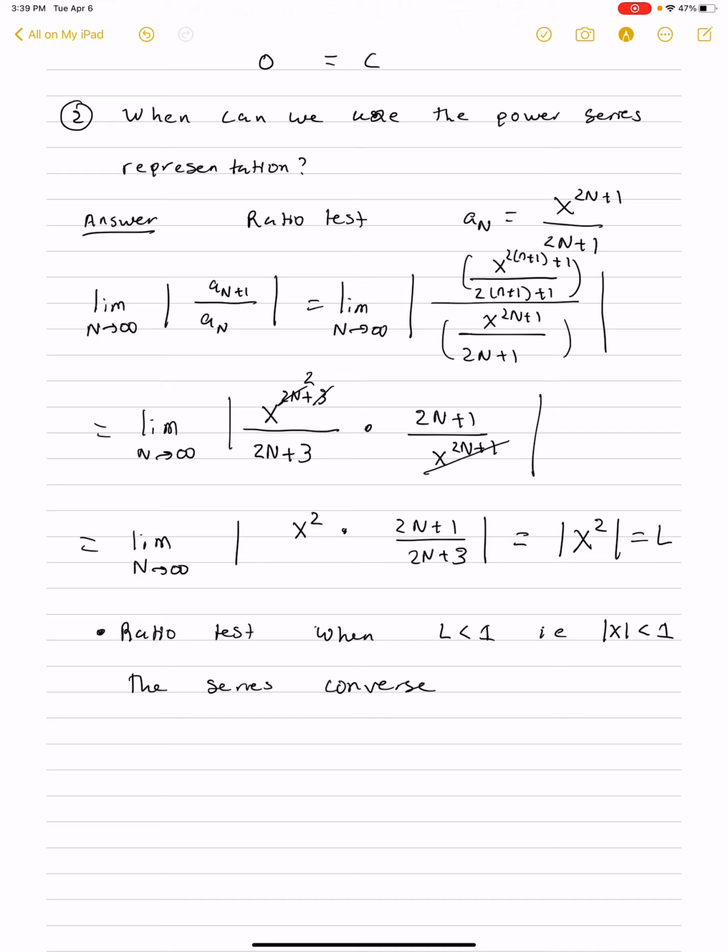When L is bigger than 1, i.e. absolute value of x is bigger than 1, the series diverges. And we must use another test when x is equal to plus or minus 1.